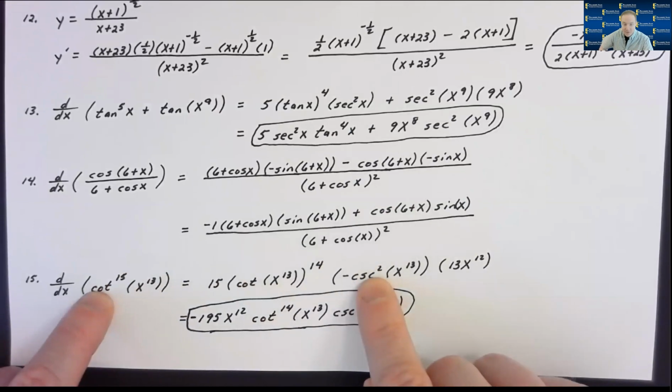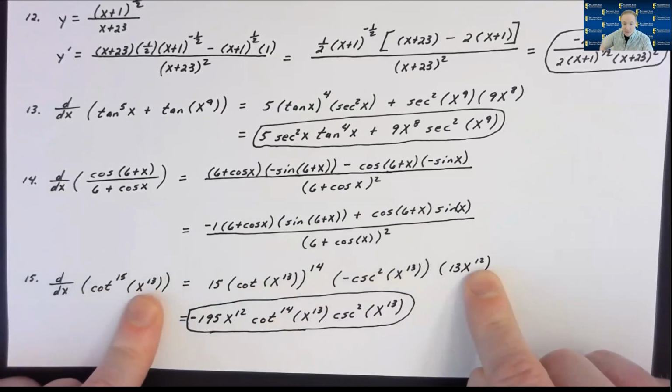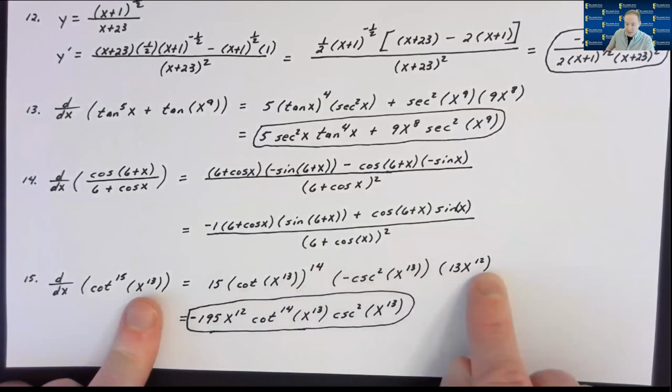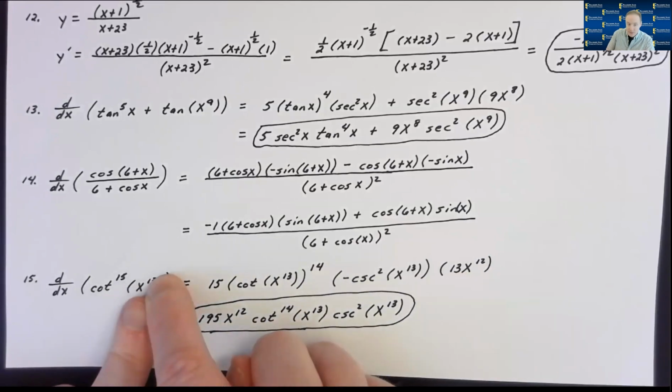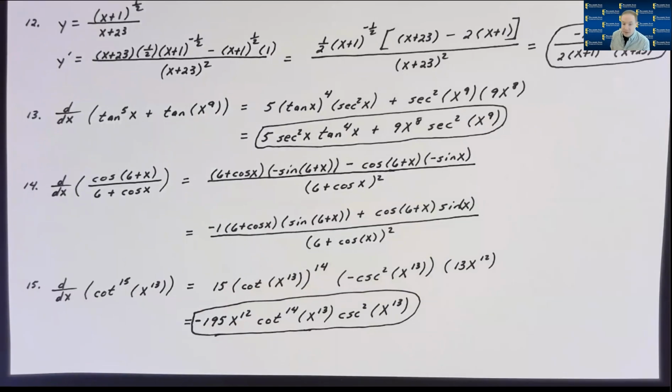That's the negative cosecant squared. Then I said times the derivative of the angle, the 13x to the 12th. So you need to understand this is layer 1, layer 2, layer 3 of that chain. It's very important that you identify that, especially whenever you have more than just the 2-layer chain rules like a lot of the basic problems are.